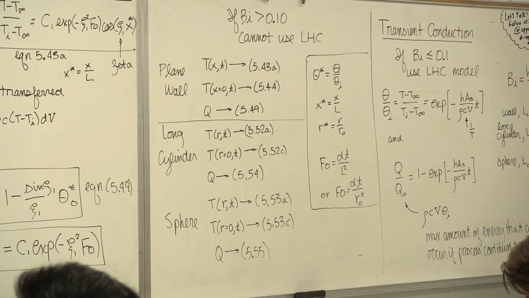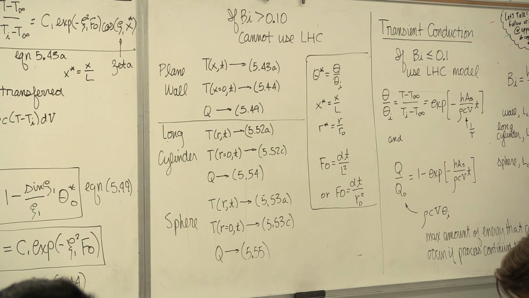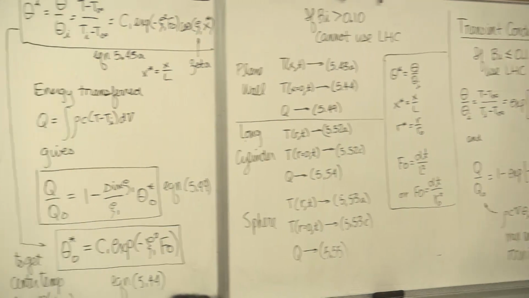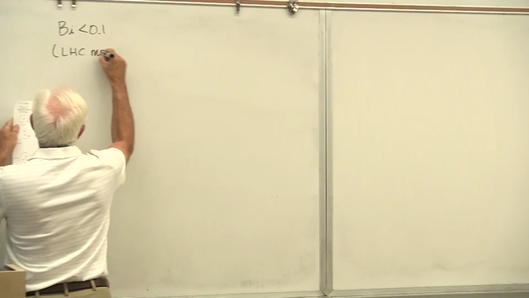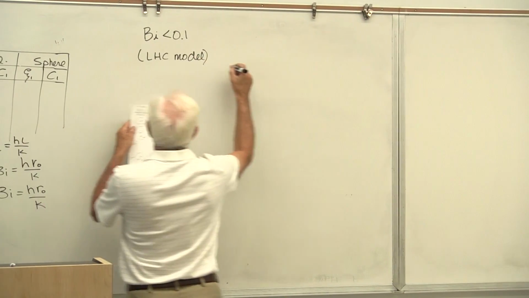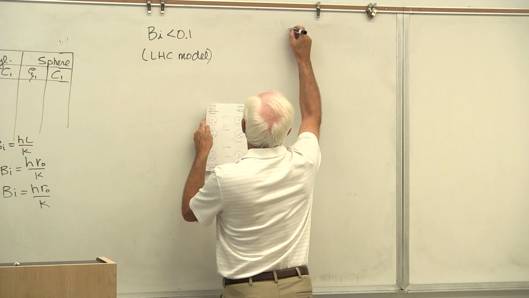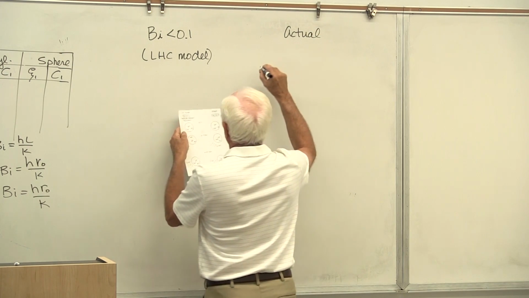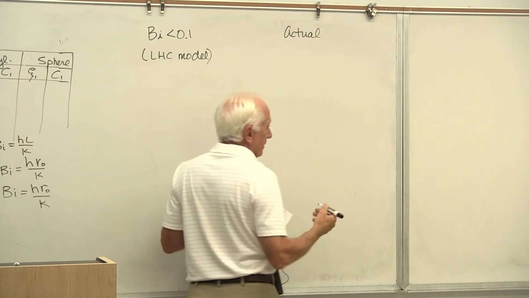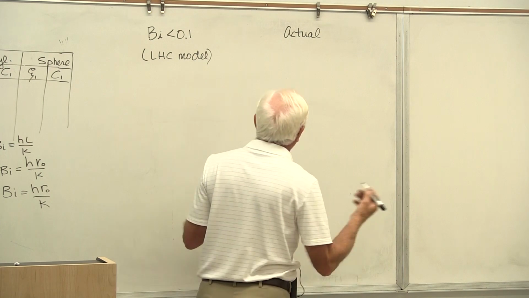I'm going to look at a sphere being cooled. First of all, the Bi is going to be less than 1/10. This is the lumped heat capacity model. And then I'm going to look at the actual one, what actually occurs. It's valid for Bi greater than 1/10.